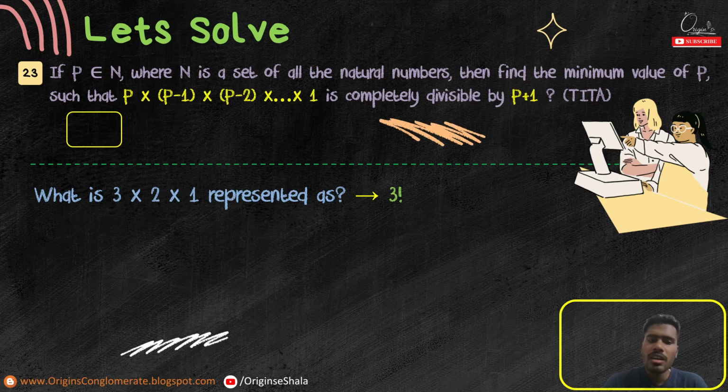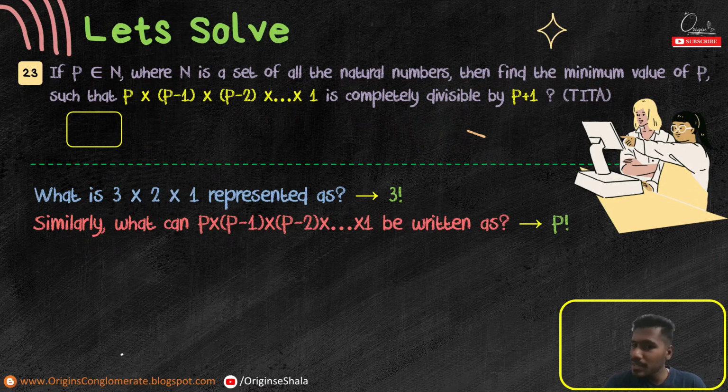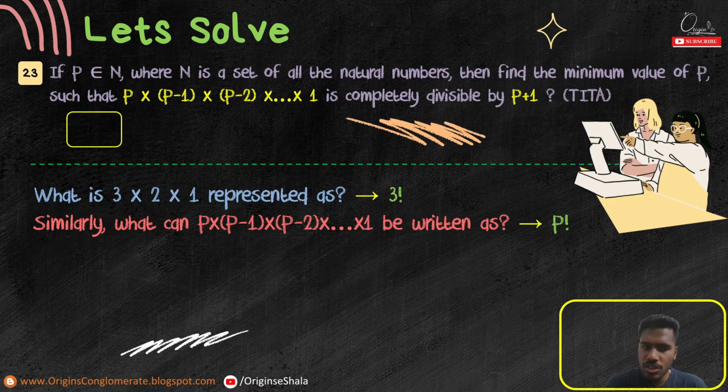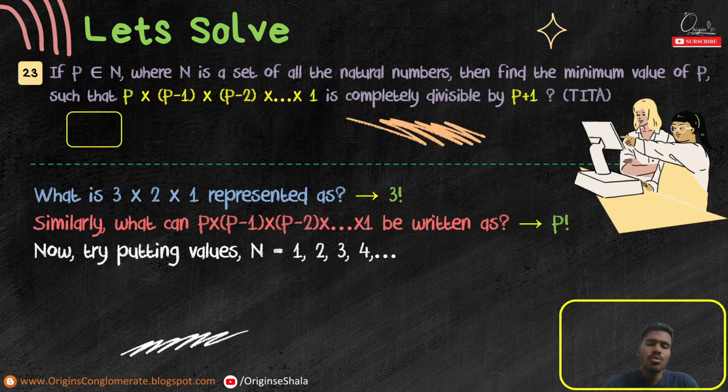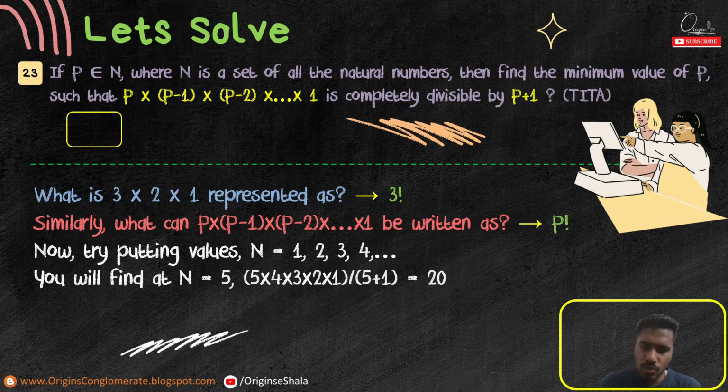Okay. And I need to find for P factorial by this logic, right? Now I will try to put the value of P equal to 1, 2, 3 and 4, so I can find P plus 1. Now at 5 you will definitely notice that when dividing 5 into 4 into 3 into 2 into 1 by 6, you will get 20.